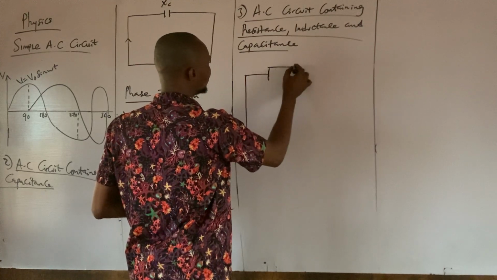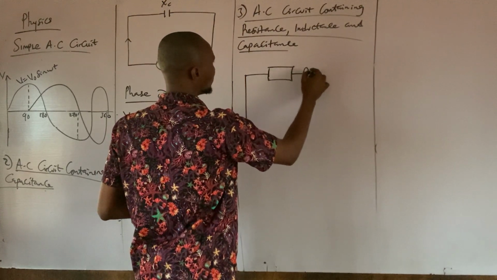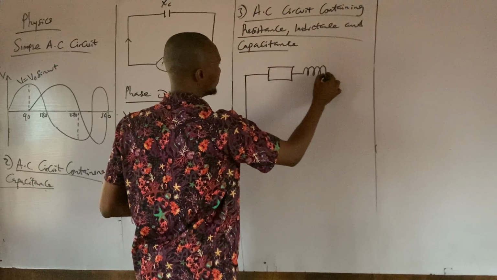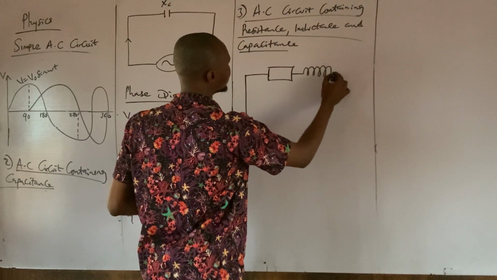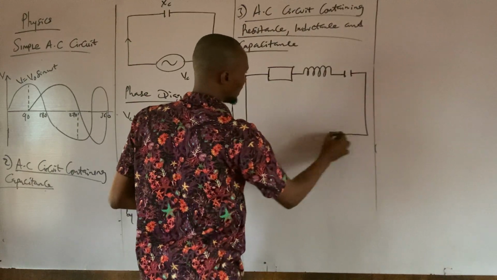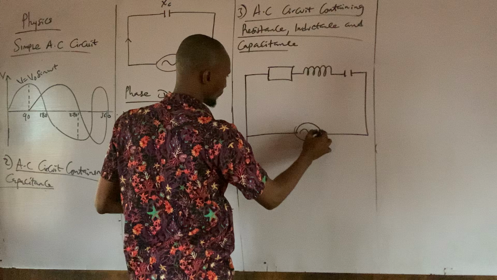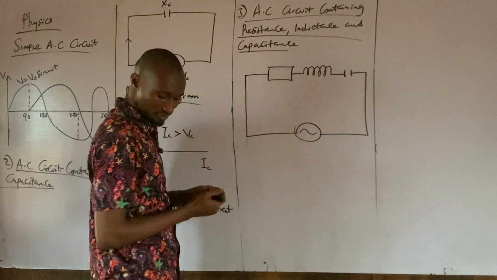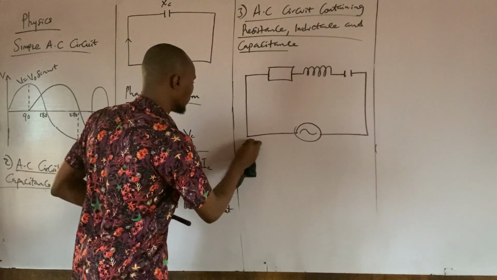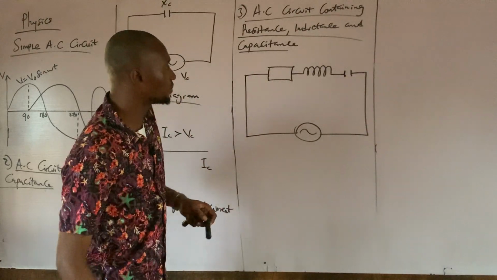Now, look up. This one is for resistance. Is that correct? This one is for inductance. This one is for capacitance. So now look up.